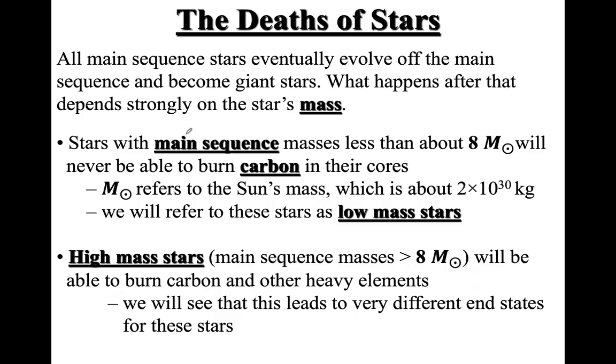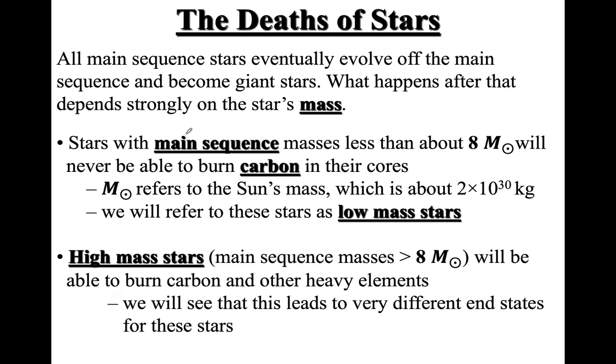Now, when you have a star with a main sequence mass less than 8 solar masses, they will never be able to burn carbon in their cores, right? Remember, what happens is hydrogen will burn into helium, and once that happens, all these stars will move out from the main sequence into giant phases.